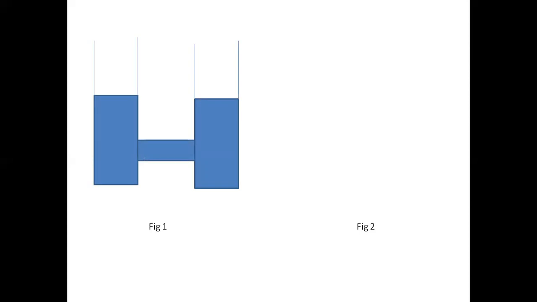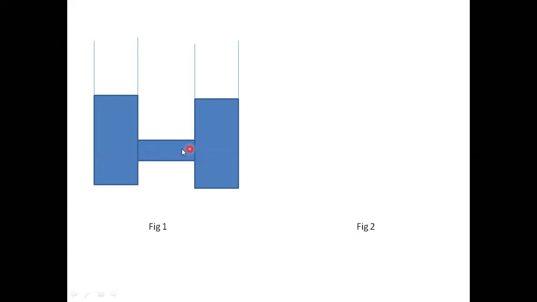Now, since these two containers are at the same height and both are connected using a single pipe, and they have equal amounts of liquid in both containers, since they are at the same height, there is no further flow of liquid through this pipe.